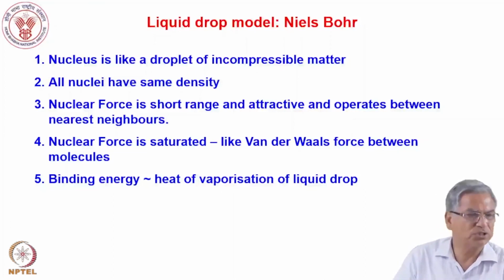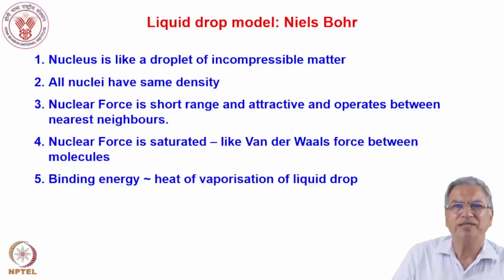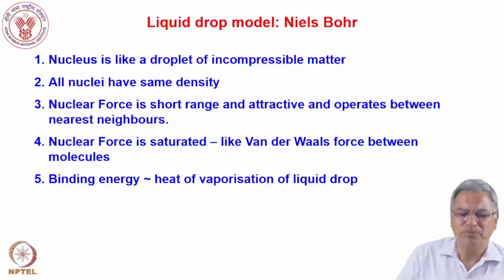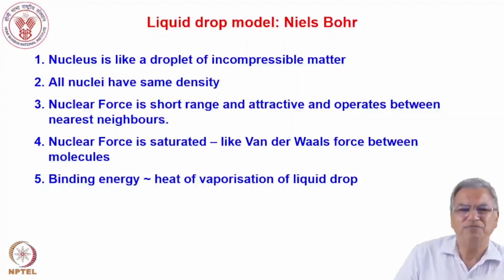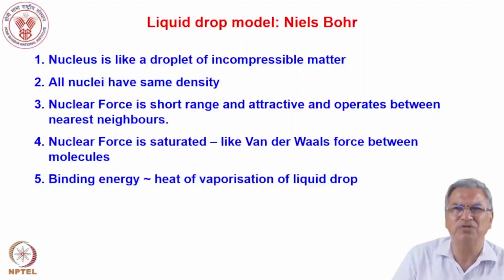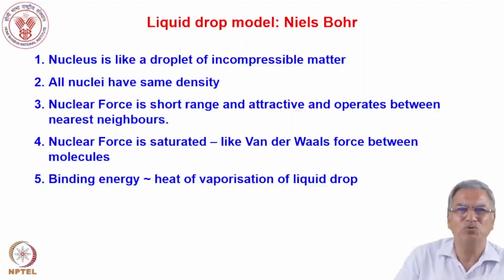So all nuclei have the same density. Then nuclear force: it is short range and attractive. What are the evidences for that? The evidence for the short range property comes from the saturation property of nuclear force. Binding energy per nucleon is constant. If each nucleon were interacting with all nucleons in the nucleus, then the binding energy per nucleon should be proportional to the mass number.